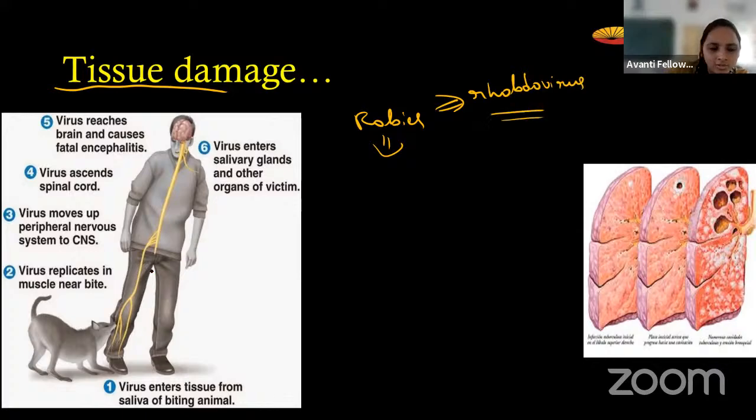You can see in the picture, the dog is biting the person. Where it has bitten, the virus multiplies and increases in number. Whenever the number increases, it is transferred through the peripheral nerve.